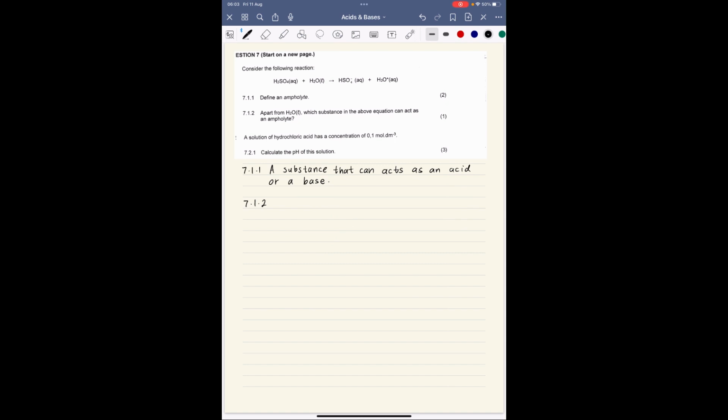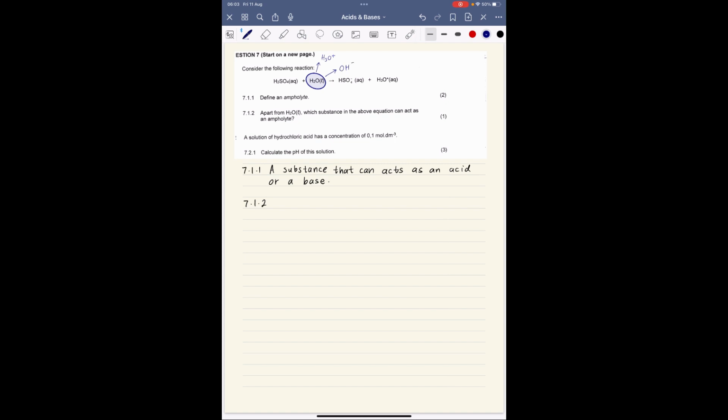Let's go through them quite quickly and see which ones can do so. It says obviously other than water. We know that water is an ampholyte. It's one of the most famous ampholytes because it can go both ways. It can receive an H and become H3O. It can give an H away and become OH minus.